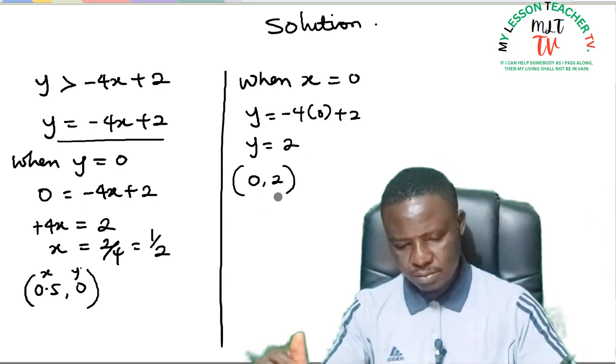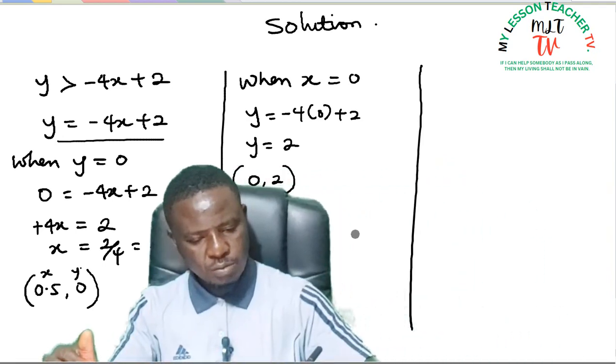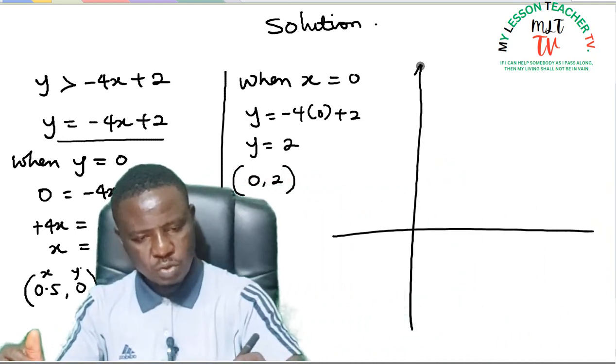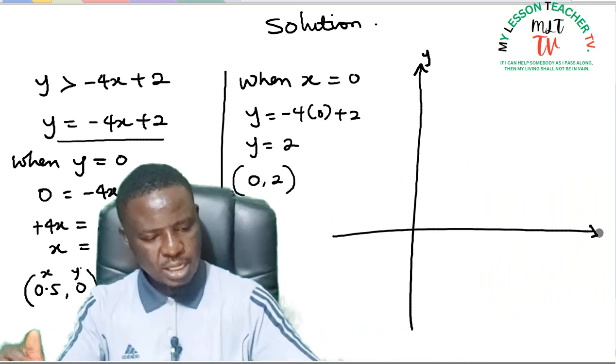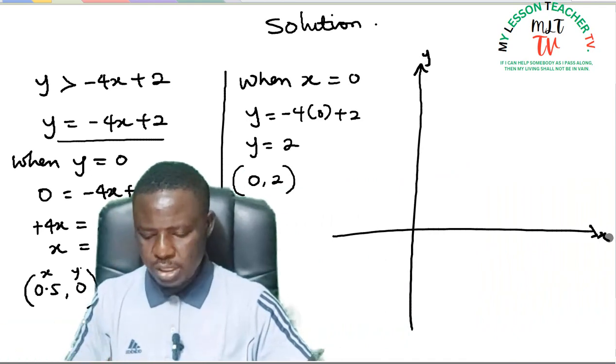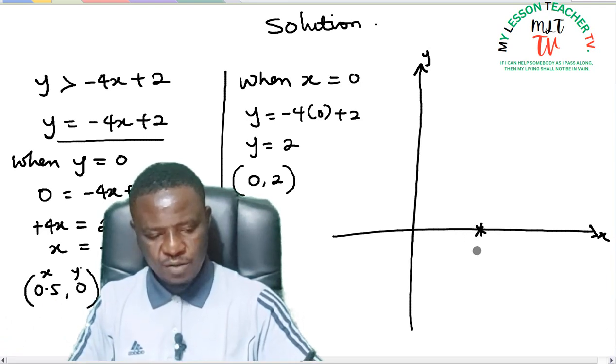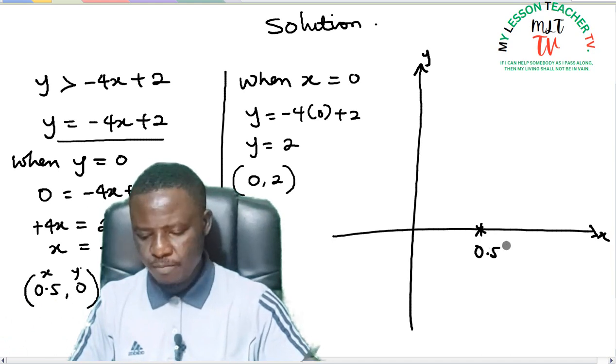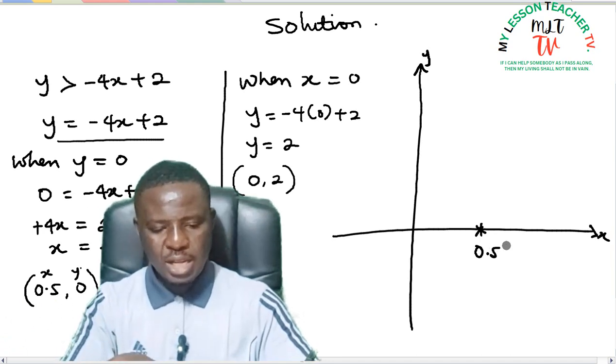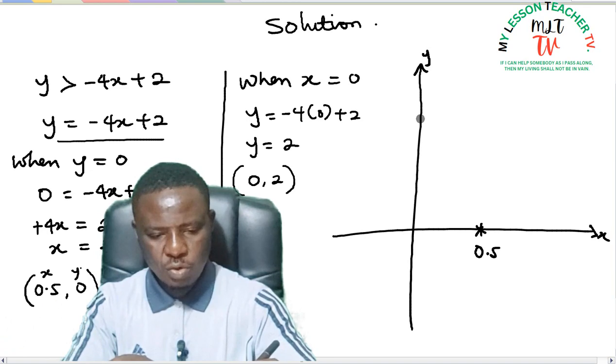So sketching this, I have something like this. This is y and this is x. So on the x-axis, this is 0.5, comma 0, and this should be somewhere here, if this point is 0.5, and y is 2 when x is 0.